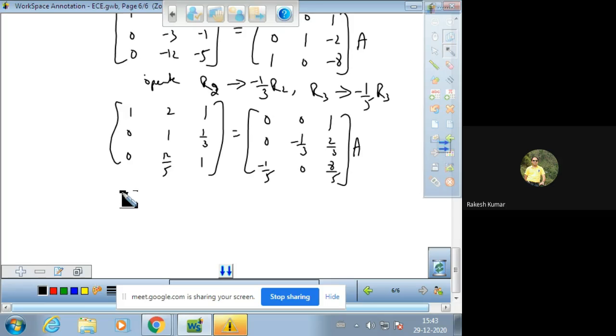For this we just need to apply two operations. We shall try to make this as 0 by taking R2 as a pivot, and similarly this as 0 by taking R2 as a pivot. So one row will be taken as a pivot row.